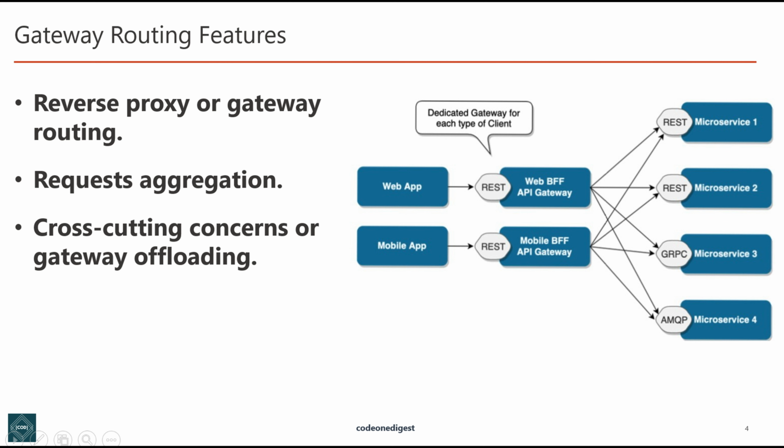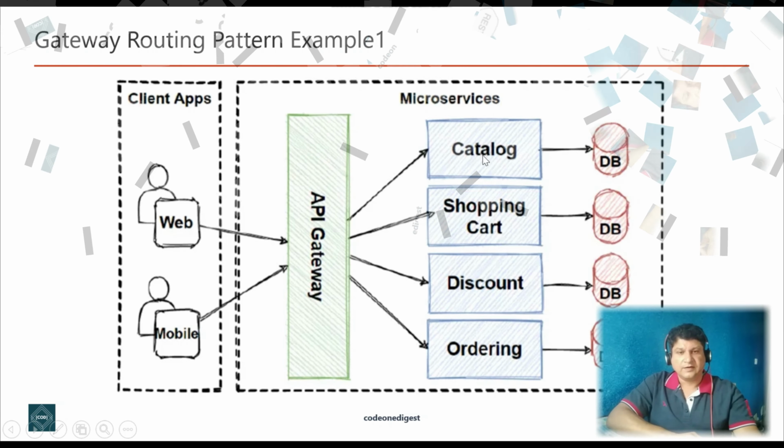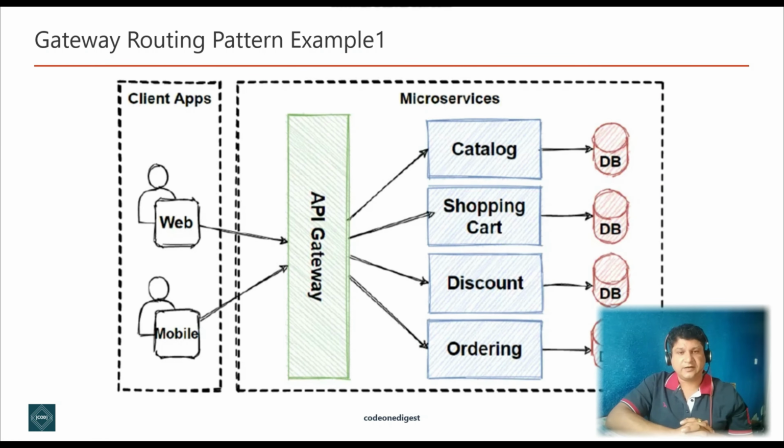If you refactor a service into two or more separate services, the code must change in both the service and the client. So you have to place a gateway in front of all your applications, services, or deployments. Use application layer 7 routing to route the request to the appropriate instance. These are some important features of the gateway we can leverage in your scenario. Let's understand this design pattern with a real world example of an e-commerce application.